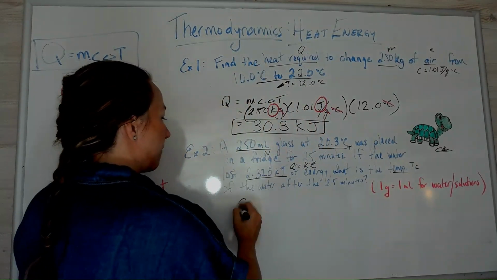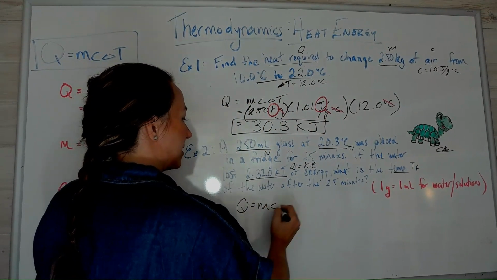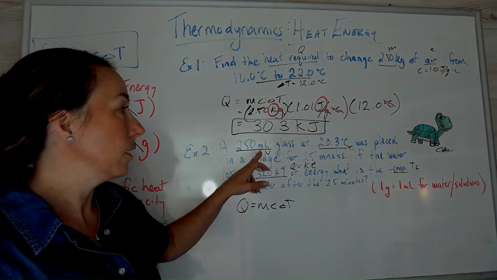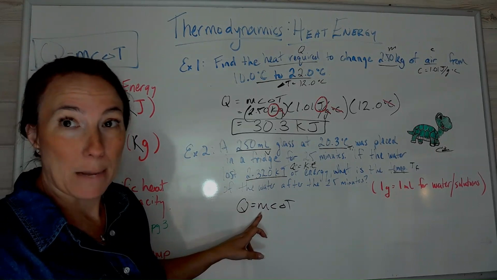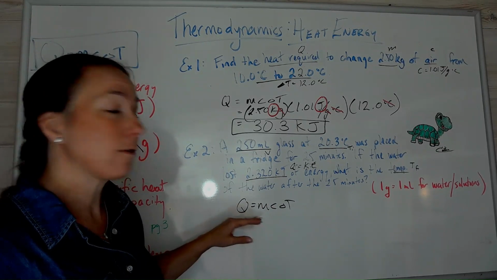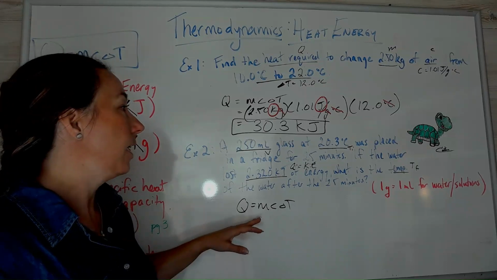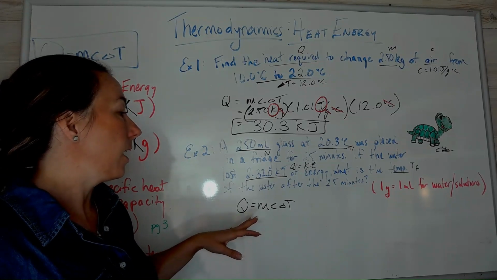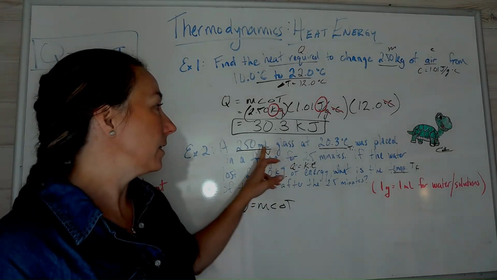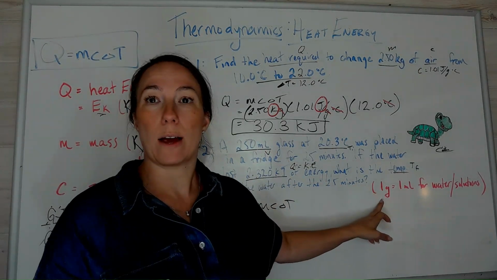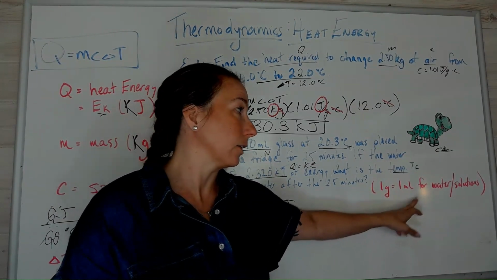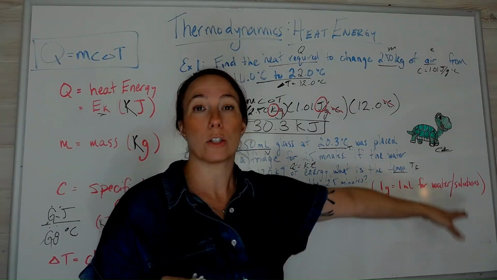Now, in order to use Q equals MC delta T, we have to recognize that my volume is actually my M. Now, there's different ways of teaching this. Some textbooks will have another formula that's VC delta T. I just think that's a waste. So for here, I want you to understand that my M is the volume because, and you have to know this, 1 gram is equal to 1 milliliter if it's water or a solution.